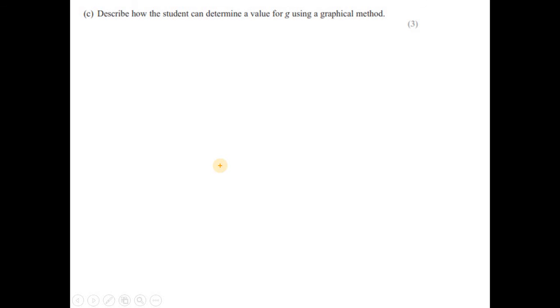Describe how the student can determine a value for g using a graphical method. First of all, you will have to record multiple values of v for different heights.